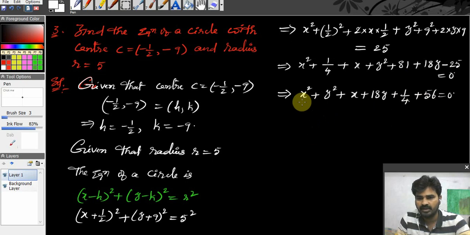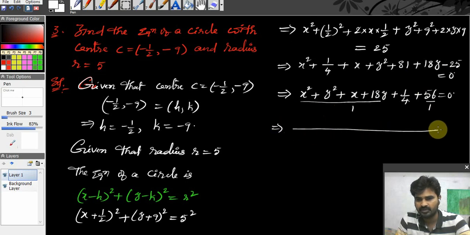Now finally you can do the LCM here by taking 1 here, 1 here also. How much will you get? The LCM is 4, is equal to 0. You can take here 4 into x square plus y square plus x plus 18y, plus 1 plus 56 into 4: 4 6s are 24, 4 5s are 20, so 224.